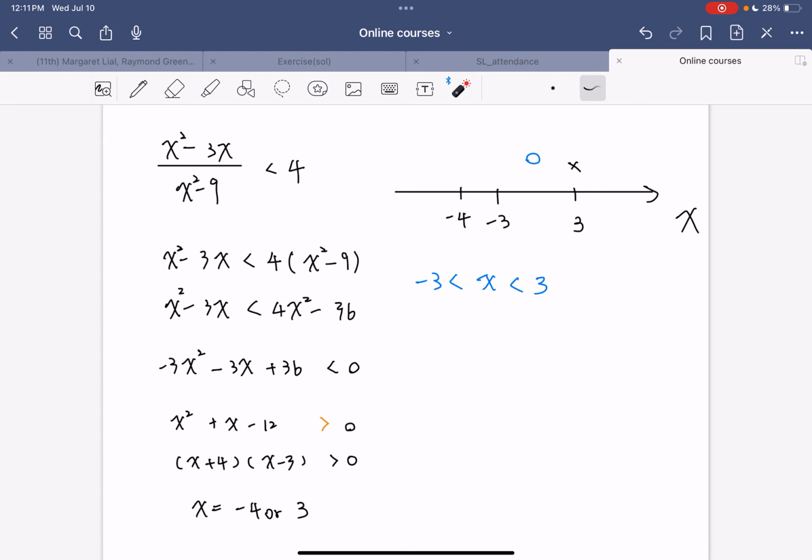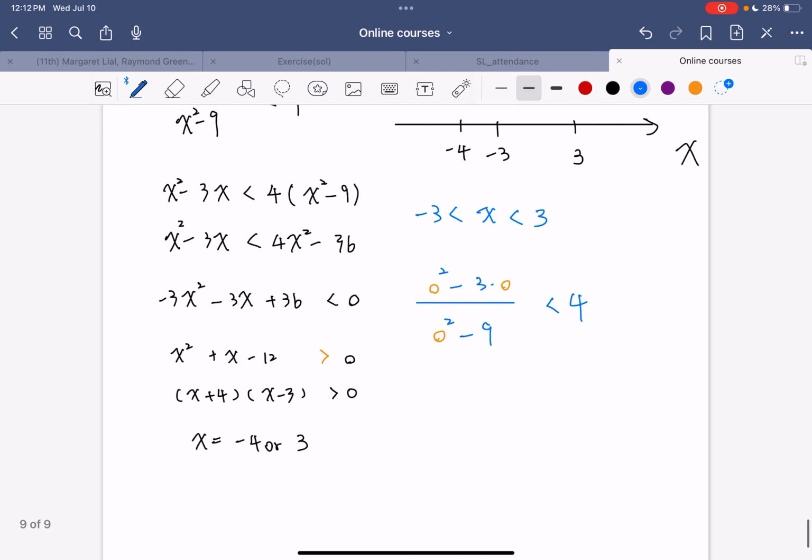So we take 0 inside here, we got 0 squared minus 3 times 0 and 0 squared minus 9 less than 4.